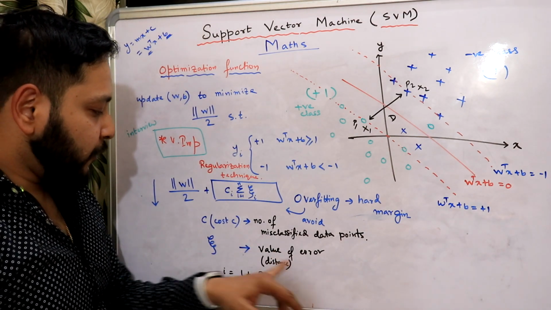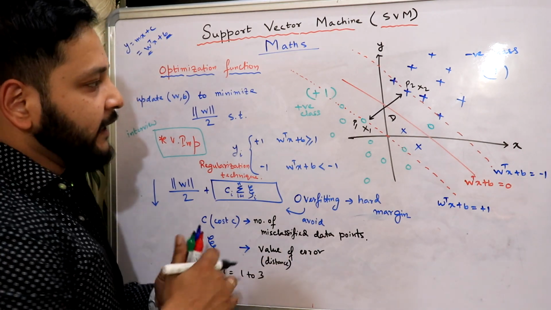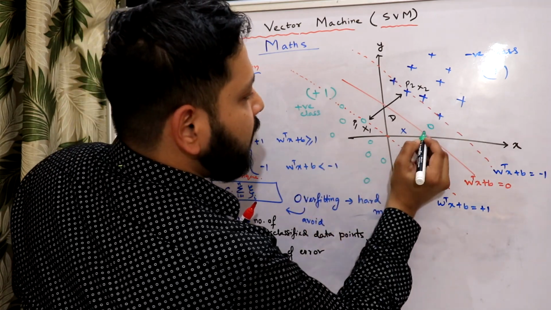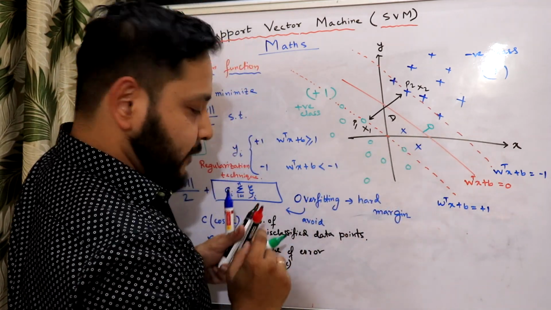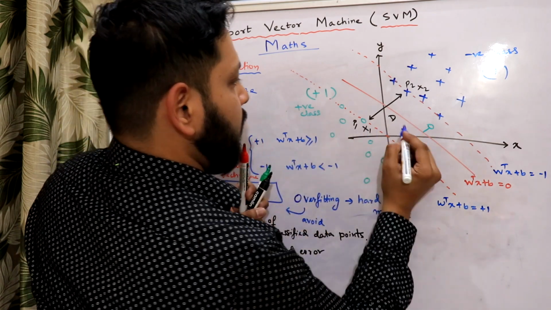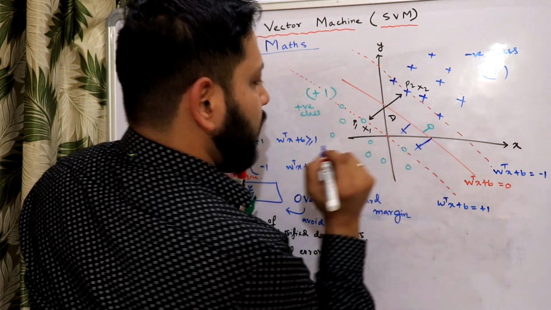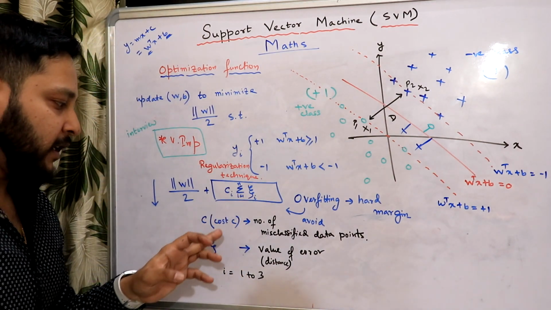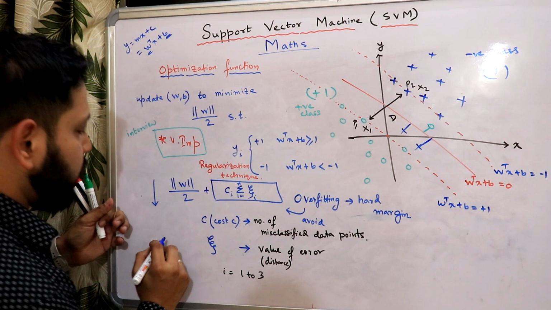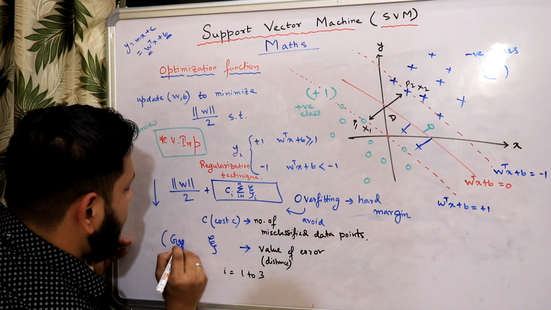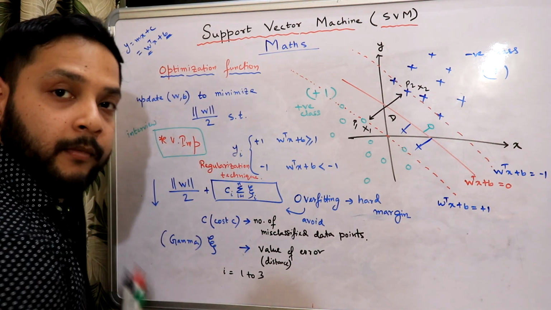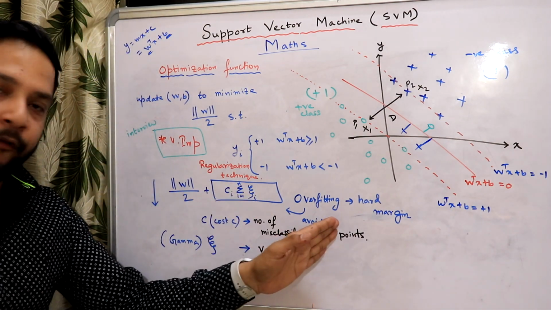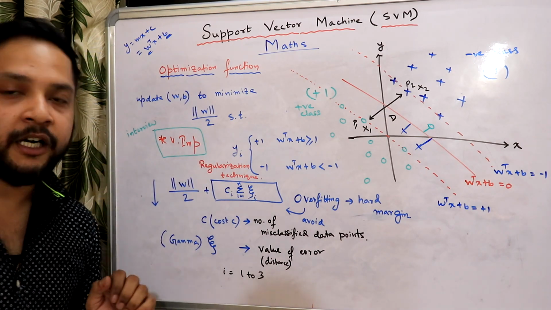So for zeta, the value of the error means the distance from this hyperplane. Right. So we are adding this cost C and zeta, also known as gamma. We are adding these two terms to avoid overfitting, and this is called the regularization technique.